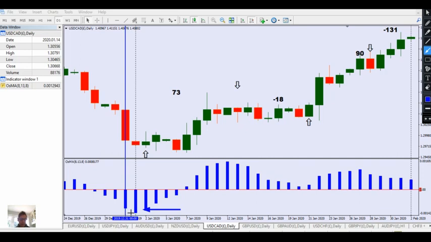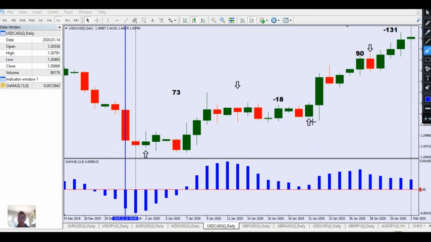It's gone from down here to up here, and it starts to go upwards, and then it turns down at this point where we have a down arrow. The down arrows have been put in manually, so we see the OsMA coming down, and it turns up, and we have an up arrow. So that's basically it. That's how we measure a change in direction.